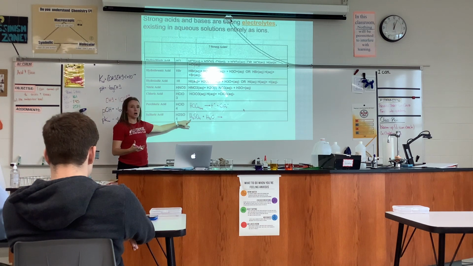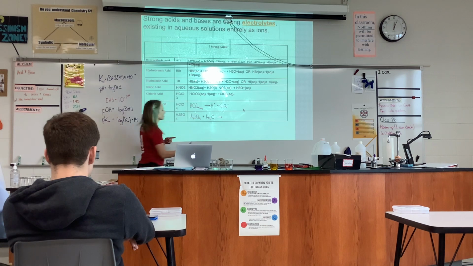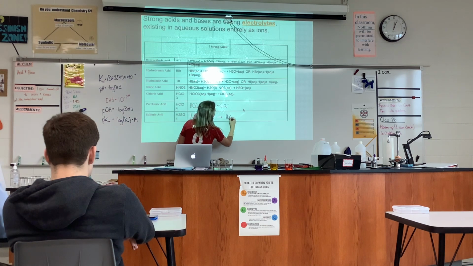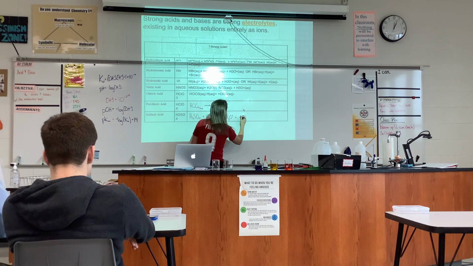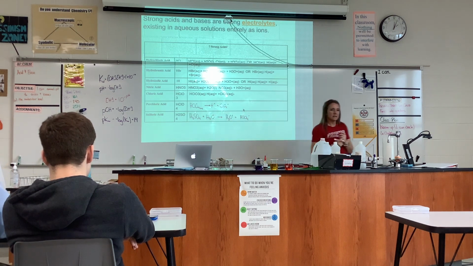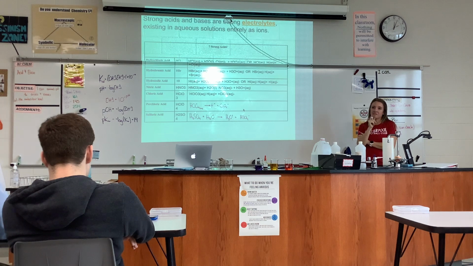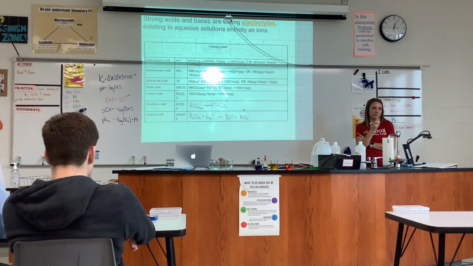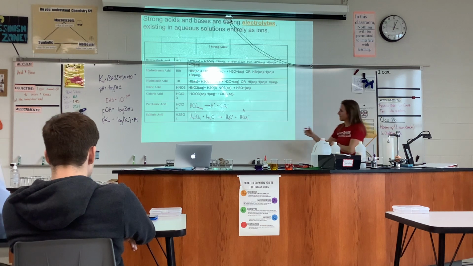But now we're going to show it giving up its H. So it makes H3O plus and HSO4 minus. Keep in mind the definition of an acid is only giving up 1 H, by the way, not multiple. Okay?